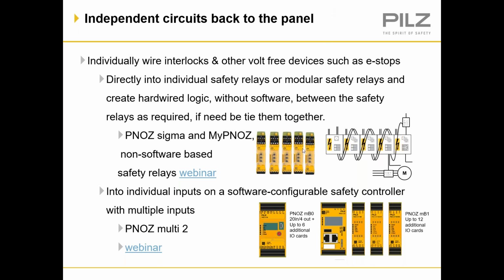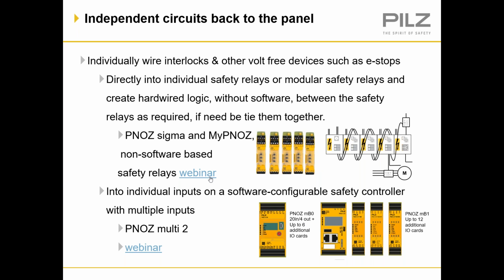If need be, you can tie them together so that the final output would be to stop your motor, for instance. For Pilz, we have our PNOZ sigma range for individual safety relays, or we have our recently launched myPNOZ for modular safety relays. And there's a link here where you can find more about those products.